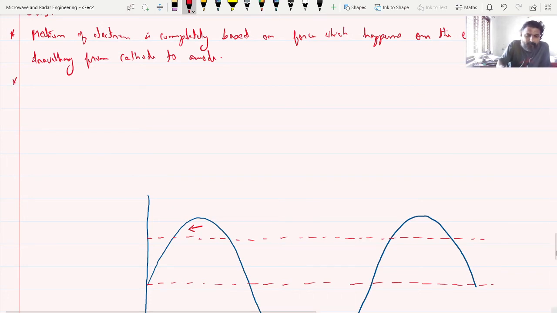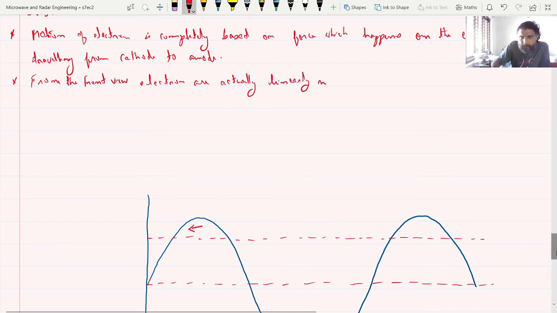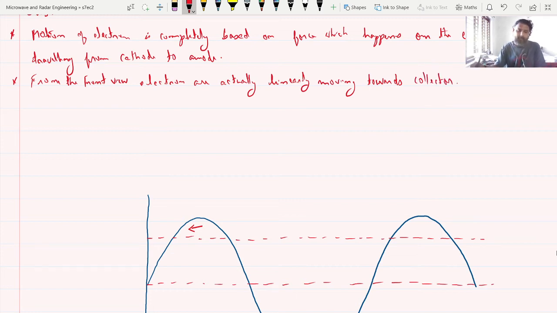From the front view, electrons are linearly moving towards the collector.